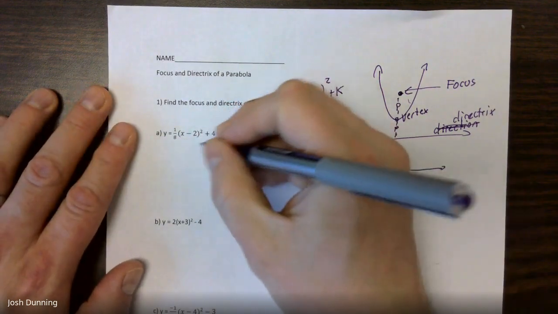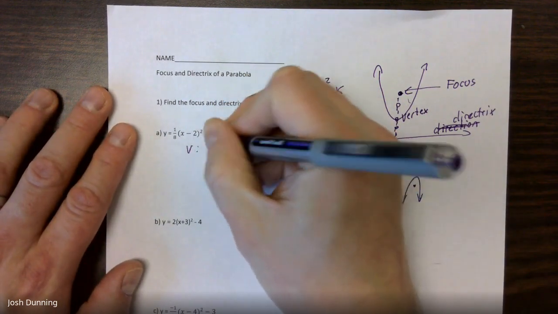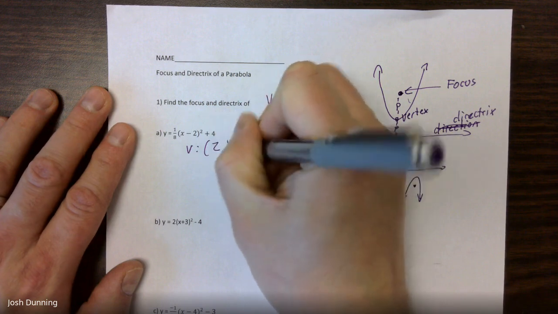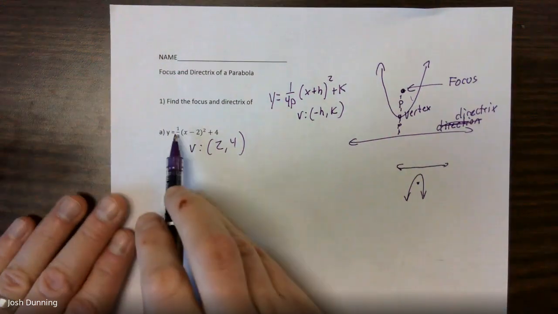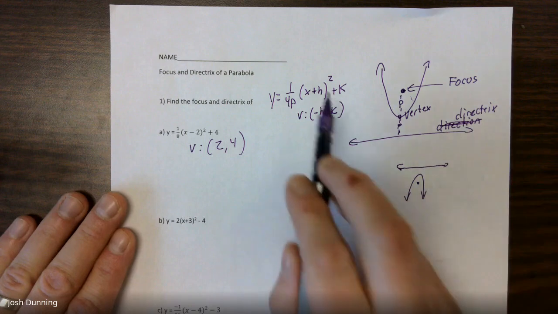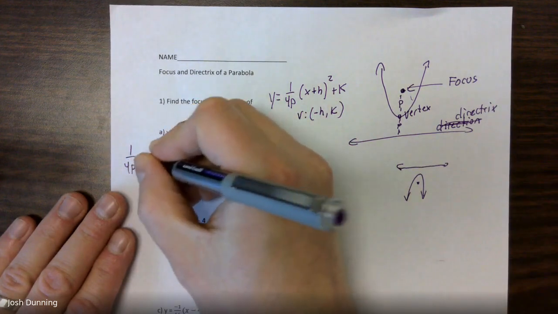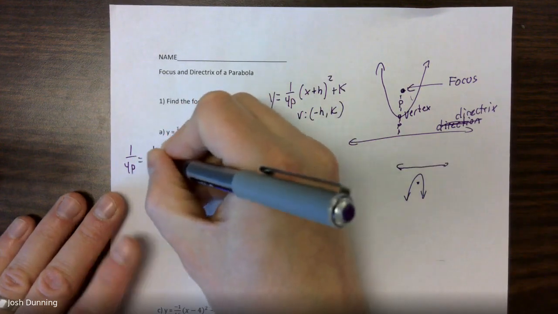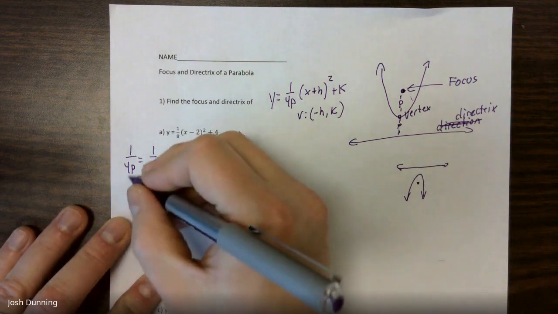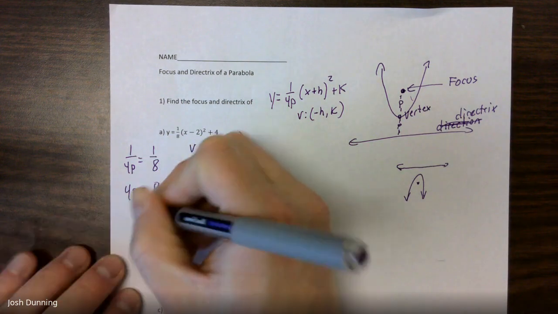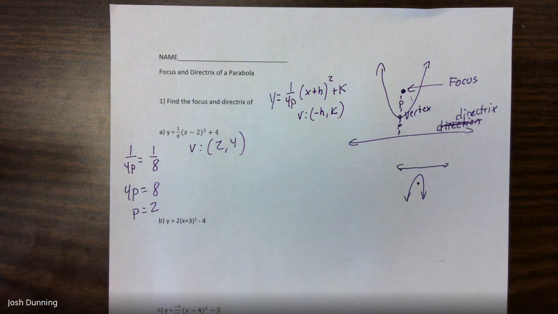The vertex here, change that sign. Don't change that. Whatever is right in front is 1 over 4p. So 1 over 8. Solve this, we'll flip both sides over. Divide by 4, p is 2.